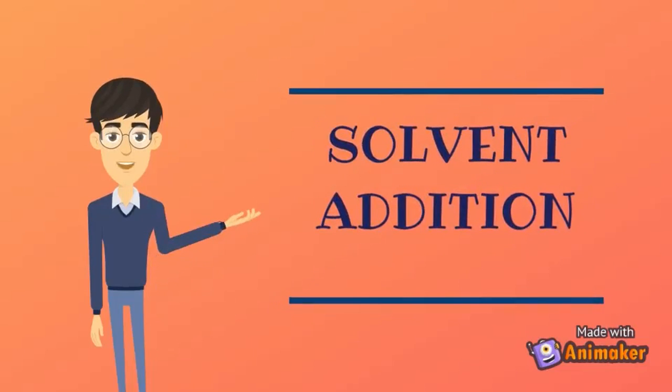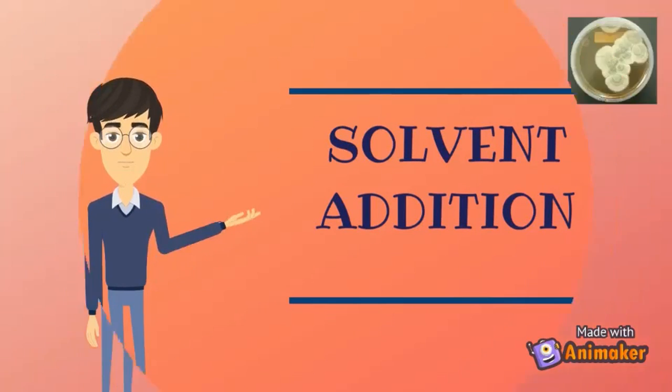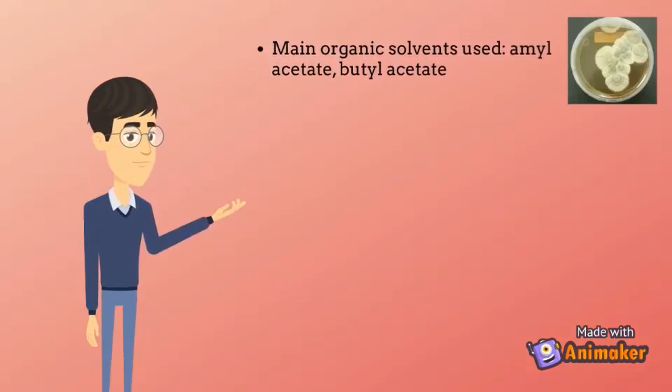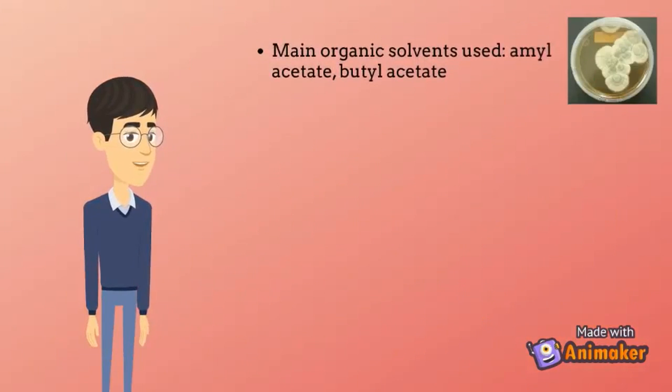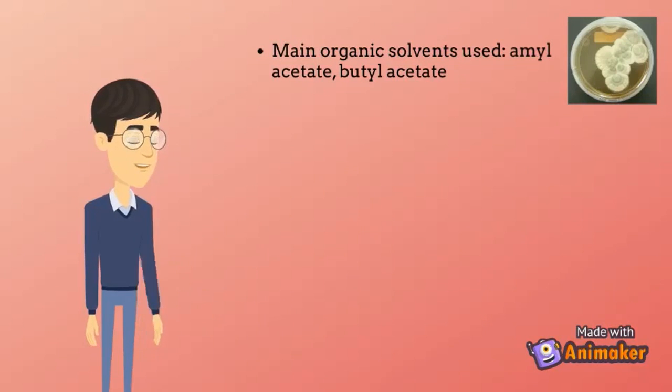The next step in the production of penicillin is the solvent addition. This step involves adding organic solvents that are used for the extraction process of penicillin. In solvent addition, the main organic solvents used are amyl acetate and butyl acetate. Other aliphatic alcohols such as chloroform can also be used.